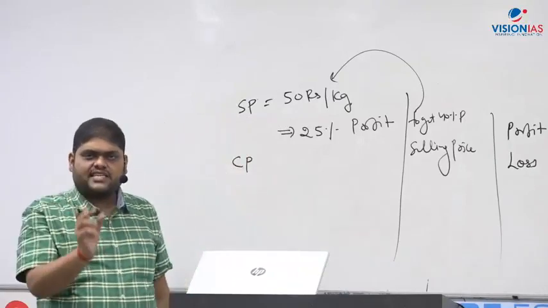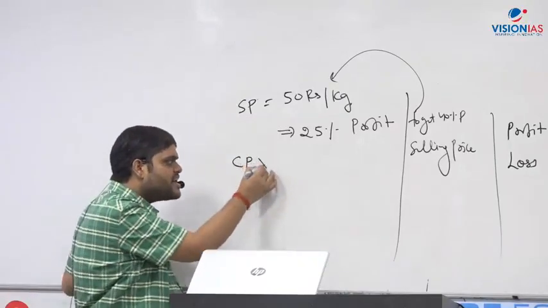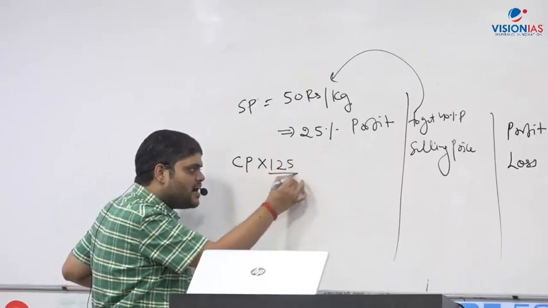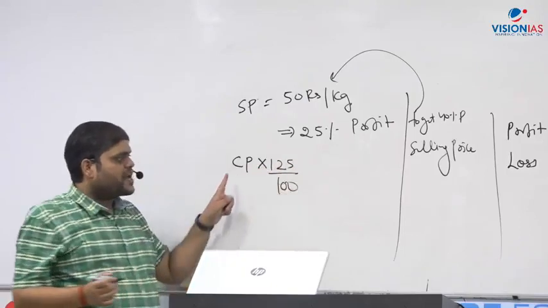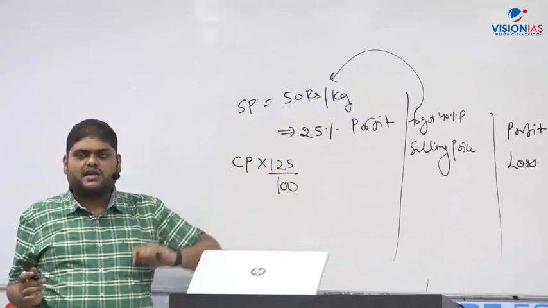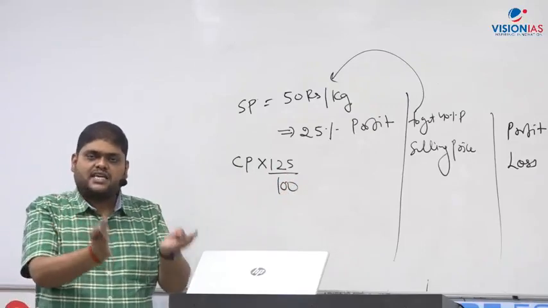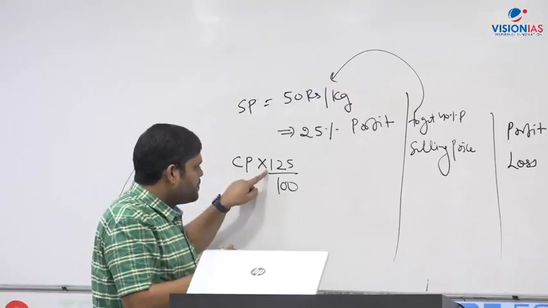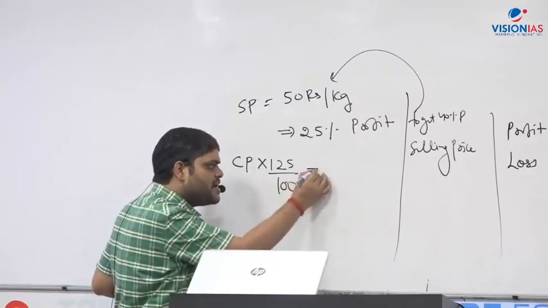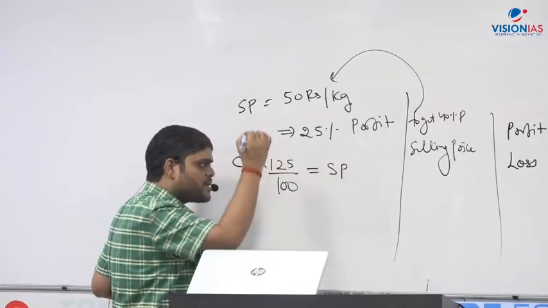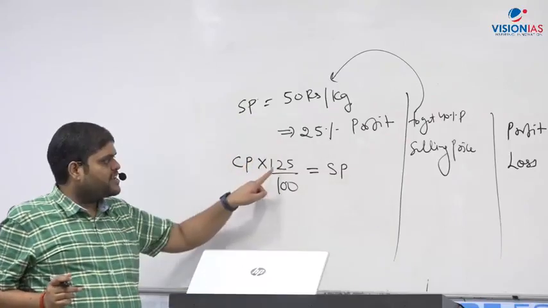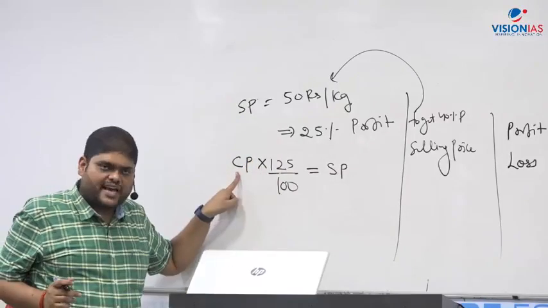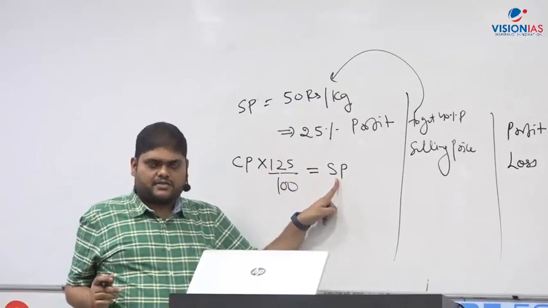If anything is increased by 25%, can I say the cost price becomes 125% now? Because cost price in itself is 100%. If that is increased by 25%, it becomes 125%. And now this is equal to selling price. When you increase 25% on cost price, you will get selling price.